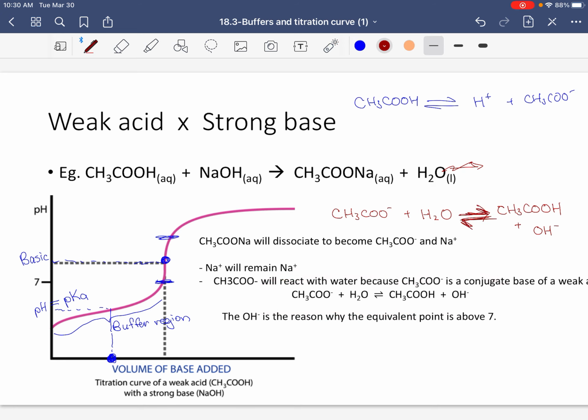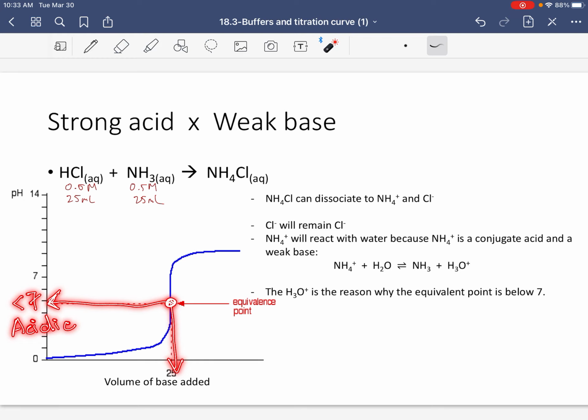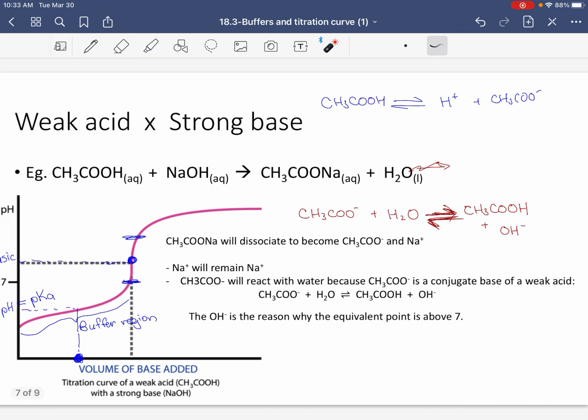It's actually less than 7, which means your equivalent point is acidic in nature. The idea is very similar to this situation, where the equivalent point is basic in nature. Why? Because of this dude. In this case, why? It's because of this dude.